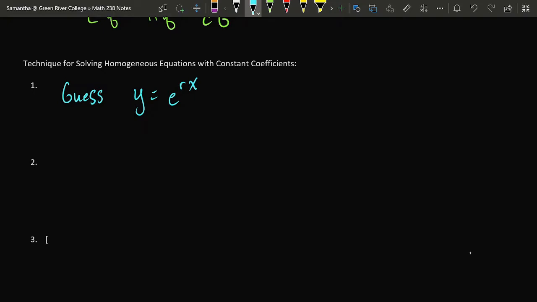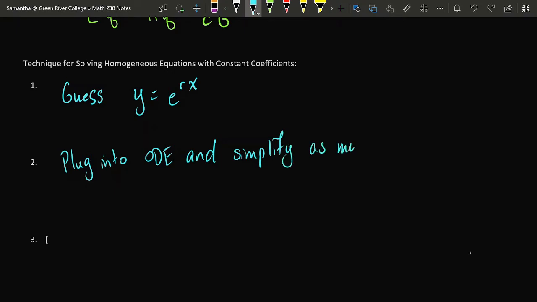We tried it, and hey, it just works. Guess this solution, plug into the ODE, simplify as much as you can, and then try and solve for r.